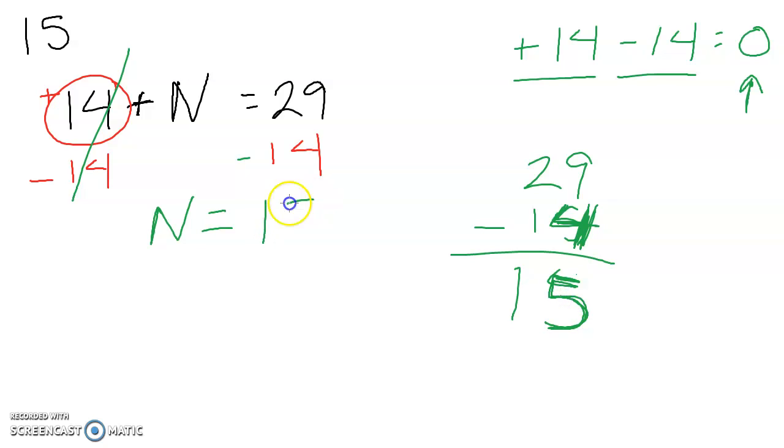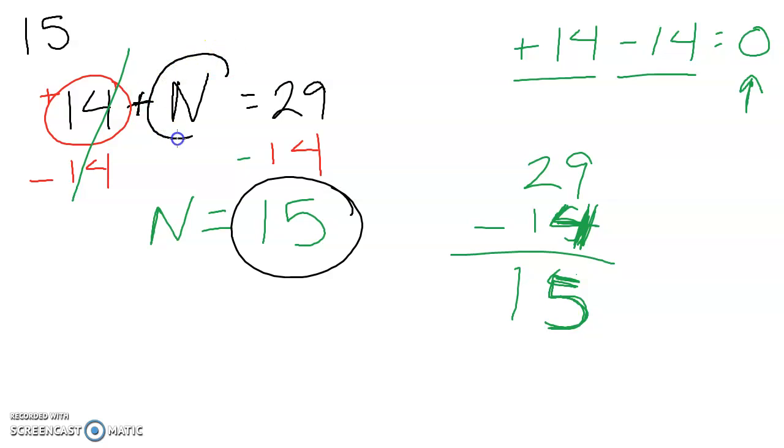So n in this case would be equal to 15, which is originally what you got for your blank. So if you don't want to use the number line and you don't want to do chip models or whatnot, you can substitute in a variable for that blank space and solve for it with the tools that we went over.